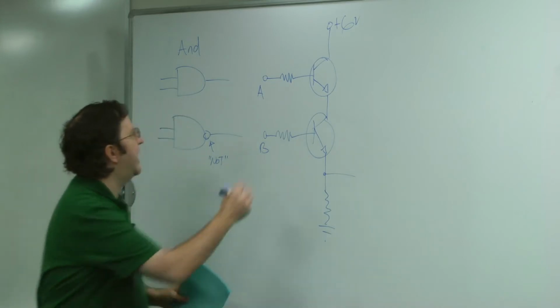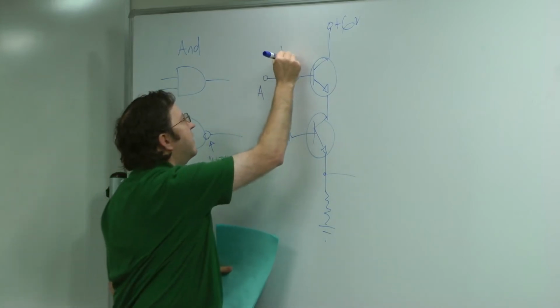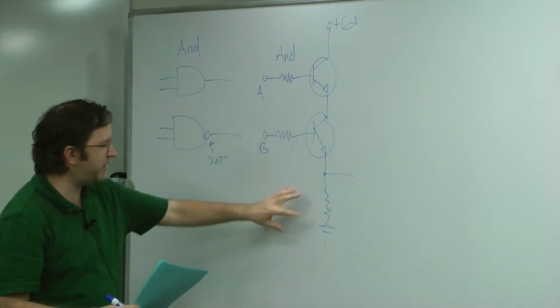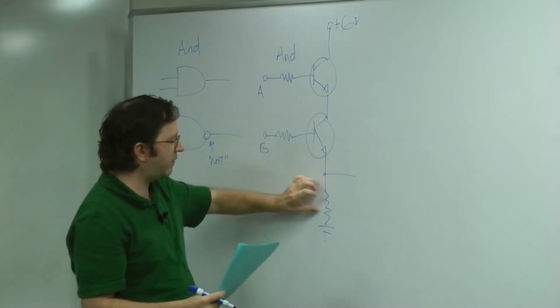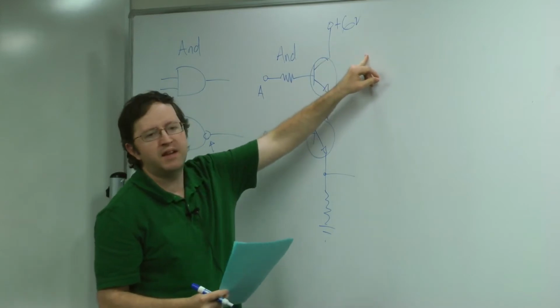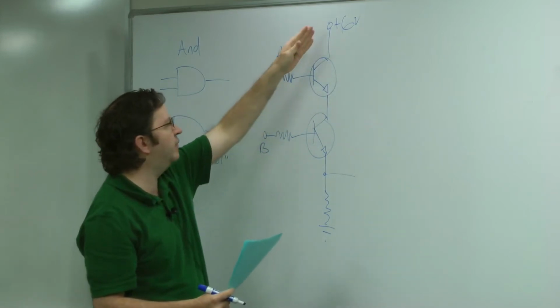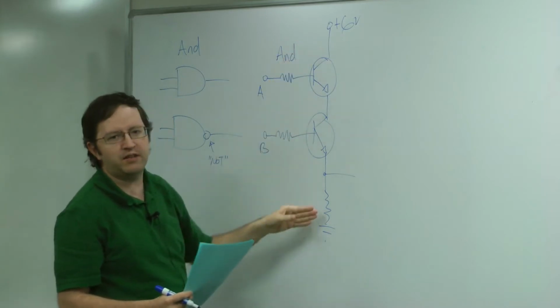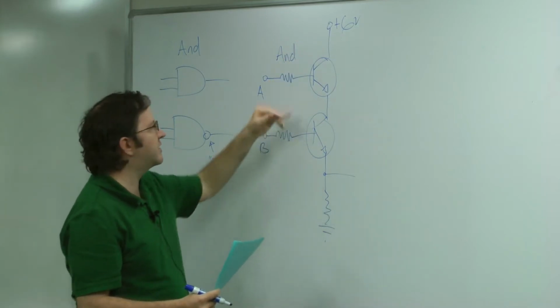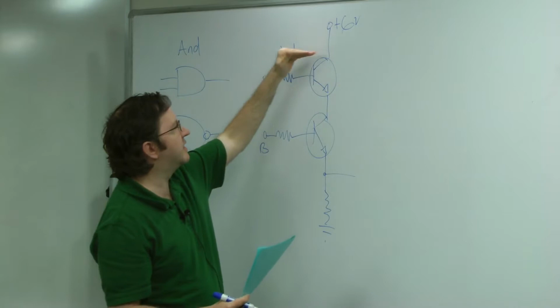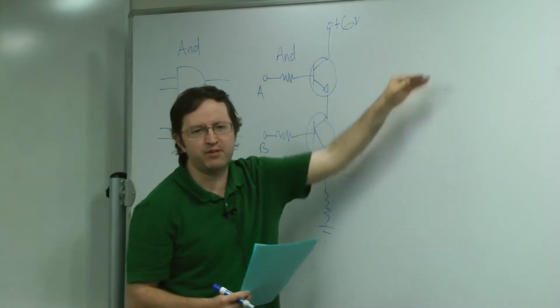And this is an AND gate right here, and a NAND gate would simply take the resistor and put it up here. And in this case, what would happen is if both of these are true, then the electricity would go straight through. But if either one of these is false, then this would be blocked, and the electricity would have to pass up through here.